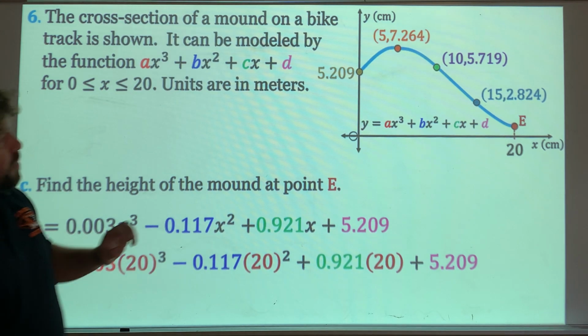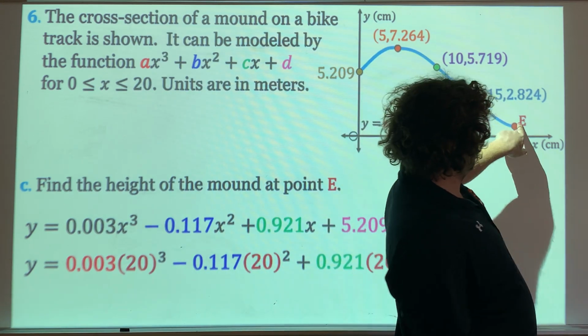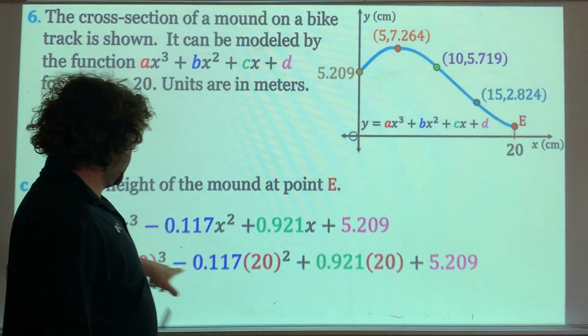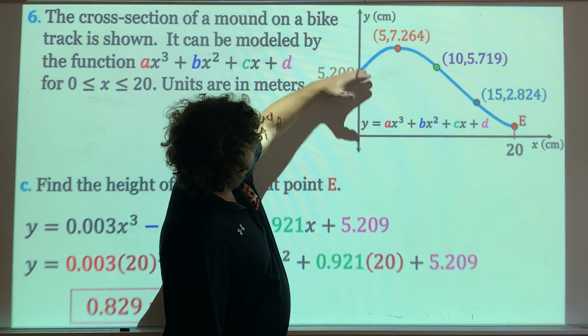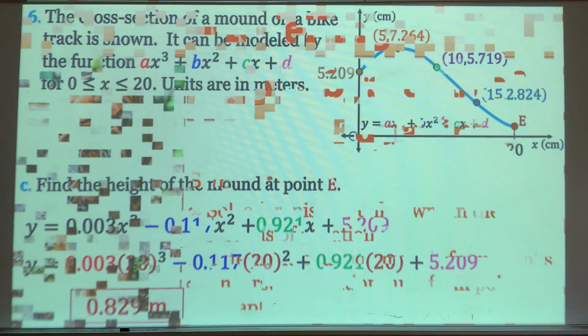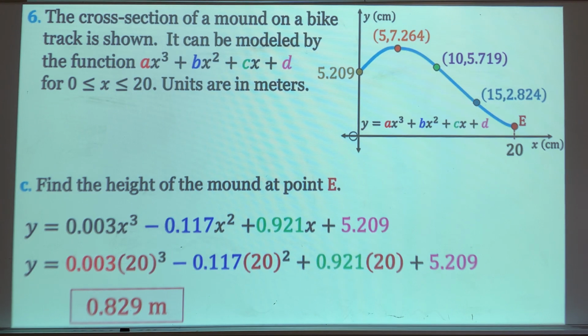Point E is when x equals 20. Plug 20 in for x. This is why we made the model, to solve. What do you get? 0.829 meters. Does that make sense? About 1? Yeah, it makes sense. And that's it. That was pretty easy, wasn't it?